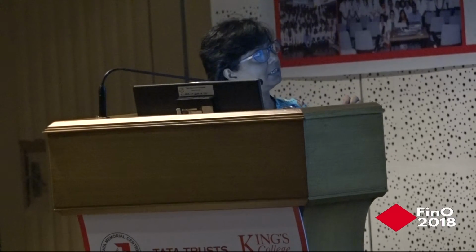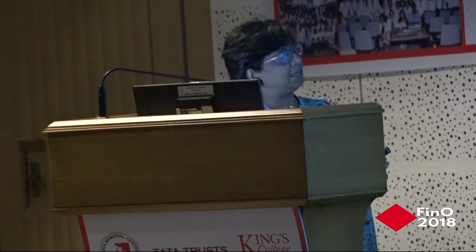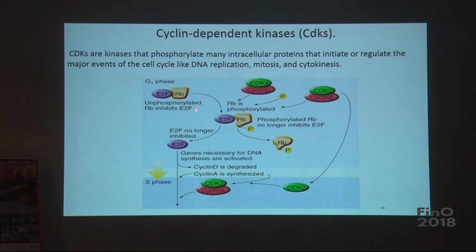In this phase, RB is bound to E2F. E2F is a transcription factor, which in a resting cell should be inactive, because when it's active, it leads to the expression of the genes required for the synthesis of DNA. So if the cell is not committed to divide, E2F should be kept inactive, and it is kept inactive by its binding to the RB protein.